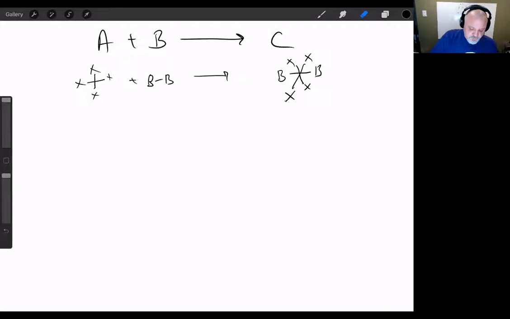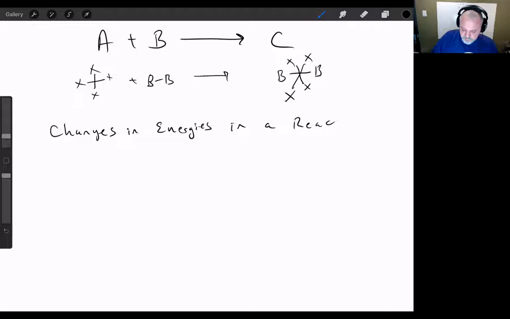So the consideration of the change in energy of a reaction, this whole consideration, is what we mean by thermochemistry.